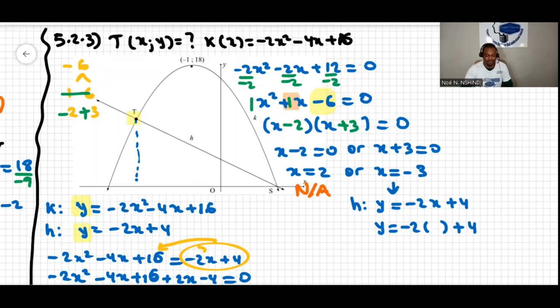We sub in x, which is negative 3, and y will be equal to 10, because negative 2 times negative 3 is positive 6, and positive 6 plus 4 is 10. Therefore, t is (negative 3, 10).